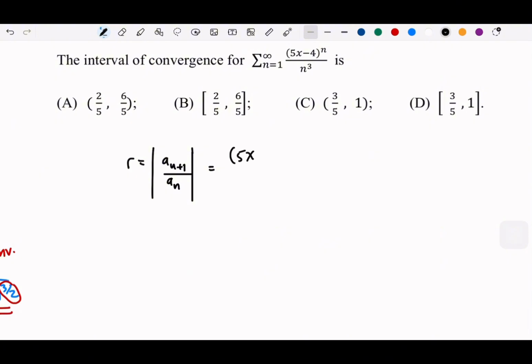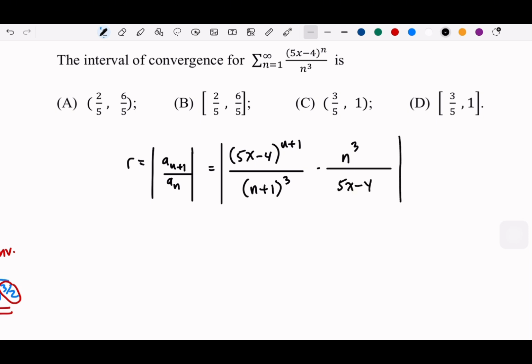So this will be n+1 over (n+1) cubed, and then multiply by n cubed over 5x minus 4, with power of n. Okay.